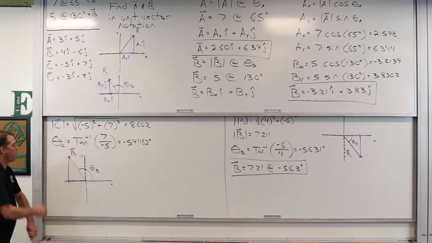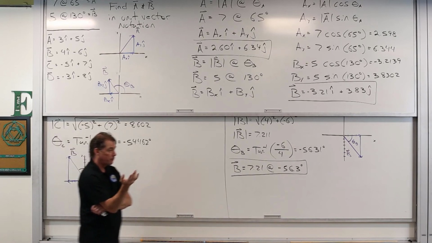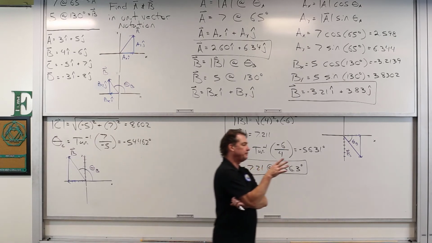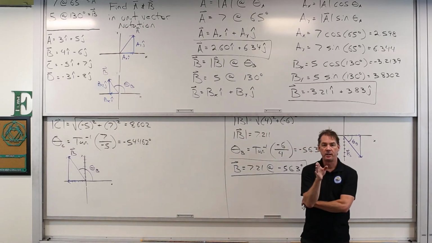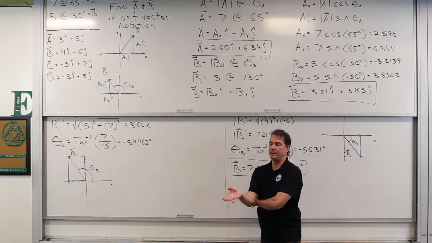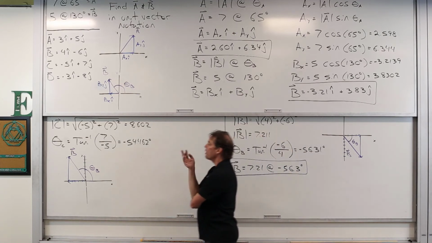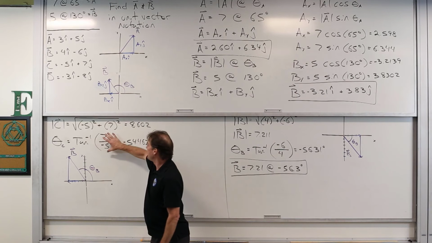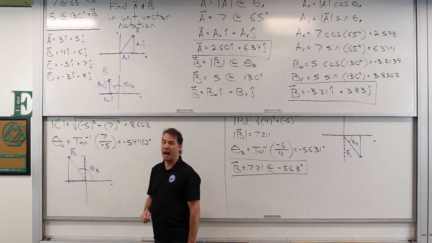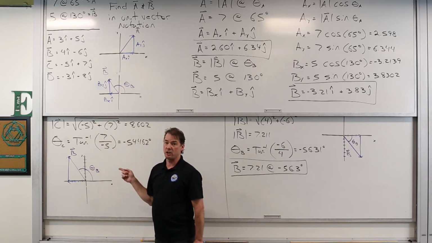So what's wrong here? Did we do something wrong? Mess something up mathematically? The answer is no, we didn't. Your calculator doesn't know the difference. Calculator's not programmed this way. Your calculator is only just taking the ratio of these two numbers, 7 divided by negative 5, and then taking the arctangent of that.